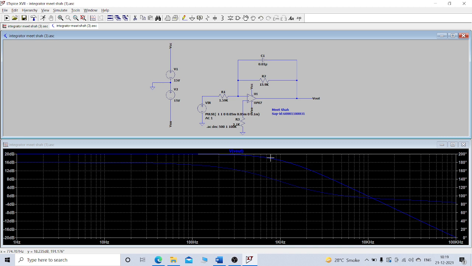So this graph shows us the frequency response, and the graph which starts from 16 dB shows us the phase response for the integrator.